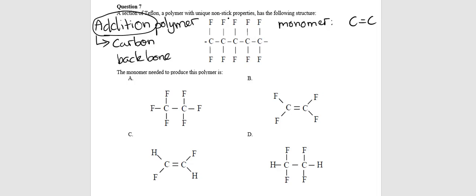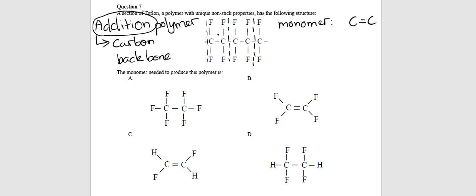So the way that I tend to do it when the question asks for a monomer given the polymer, if I already know that it is an addition polymer, I will start breaking the polymer into its monomers, and you need to break it every 2 carbons because that will be where the double bond originally comes from.